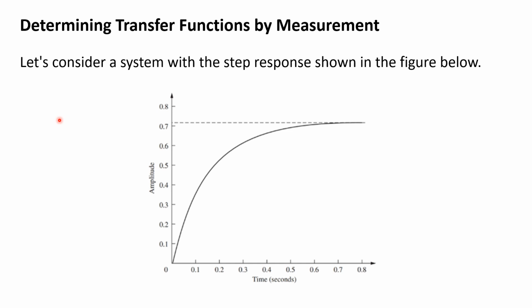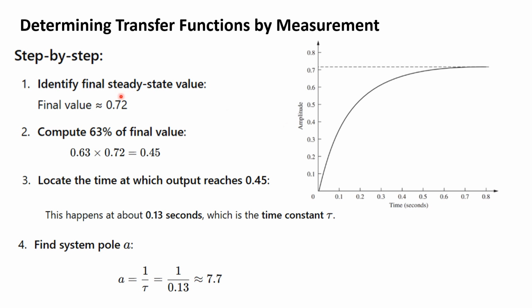So let's look at a practical example. Let's say we have the following system response to a step function here. Let's see if we can determine what the transfer function is from this data. So the first thing we need to do is identify the final state value. Here we look, and it looks like it levels off at about 0.72.